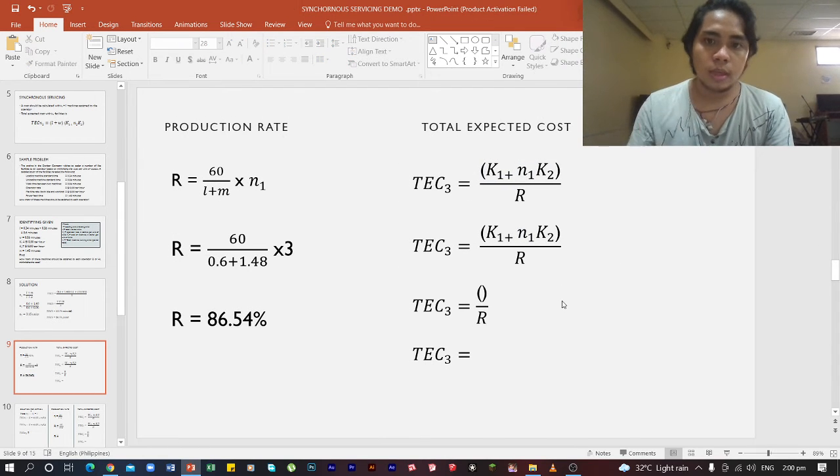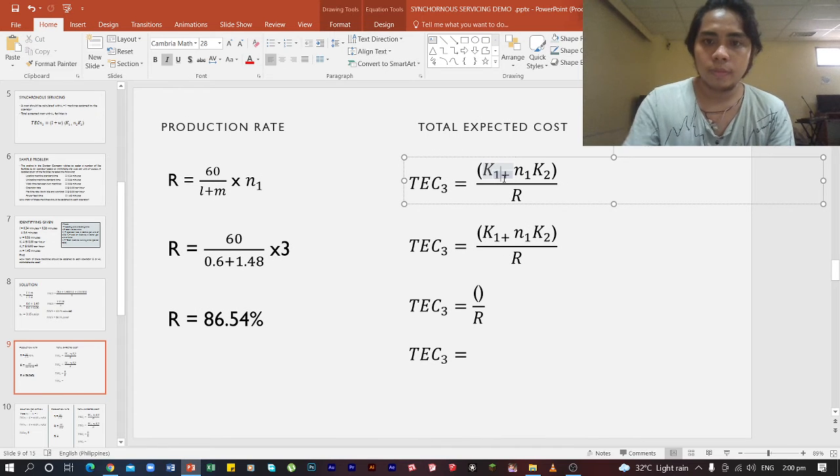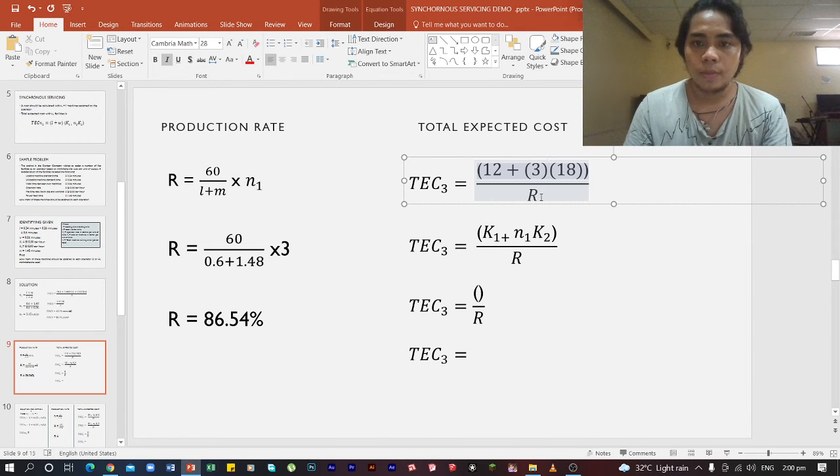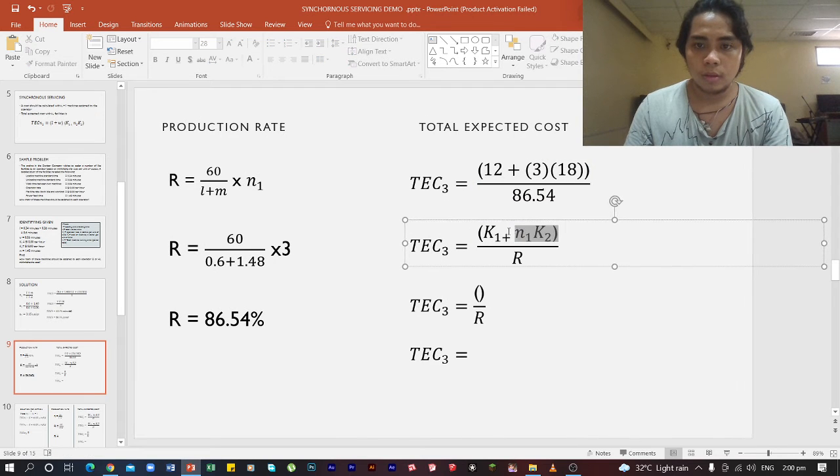So K sub 1 is 12 plus N sub 1, which is 3, times 18. And our production rate is 86.54. So let's solve it.